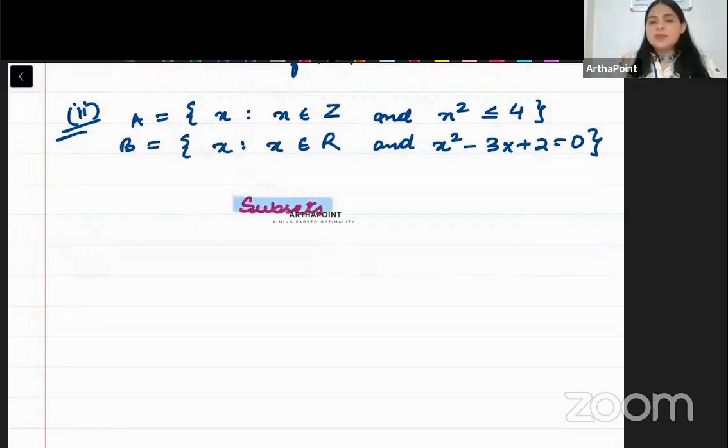But when it comes to subset, what is a subset? A set is said to be a subset. So let's write down the definition first.